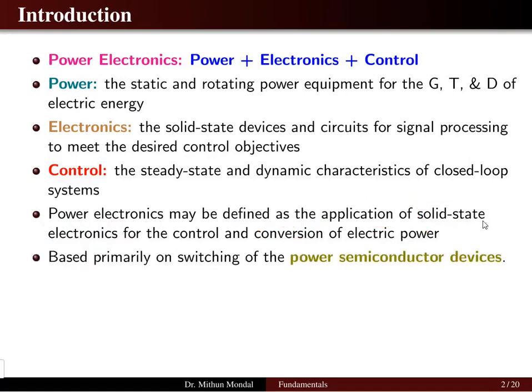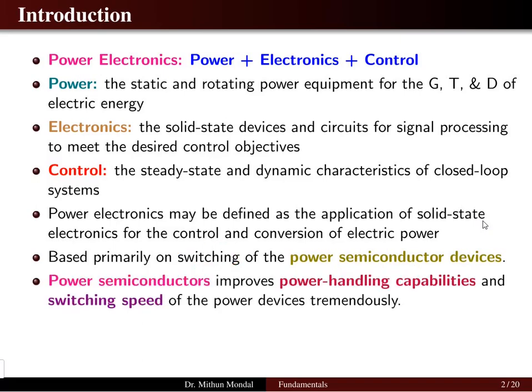Power electronics basically depends upon some switching devices which are known as power semiconductor devices. Power semiconductor devices are responsible for the switching operation in the power electronics circuits. Power semiconductors improve the power handling capabilities and switching speed of the power devices tremendously.